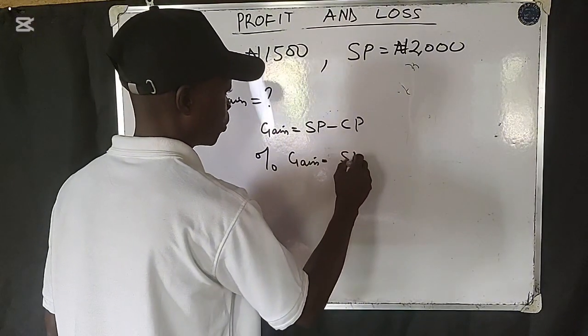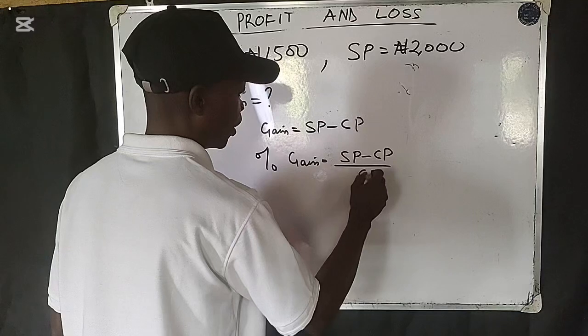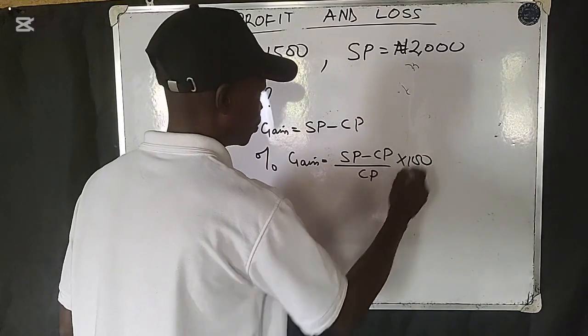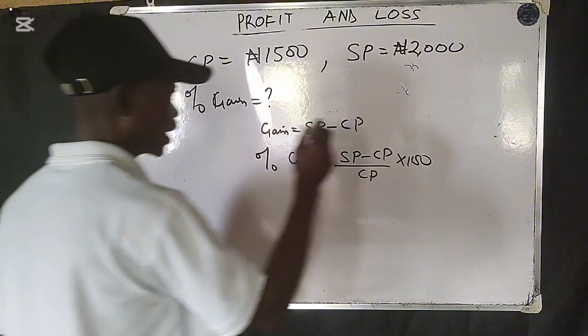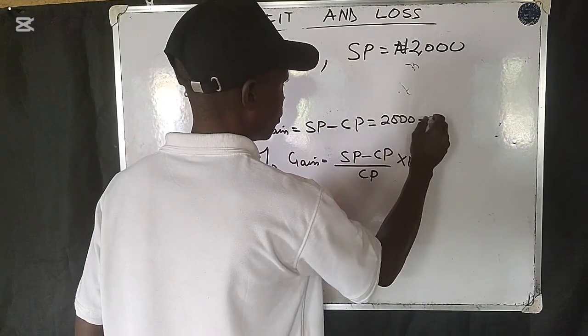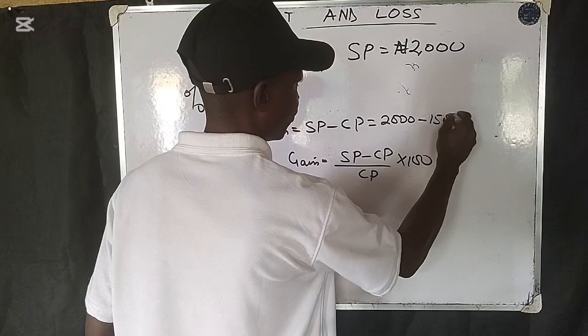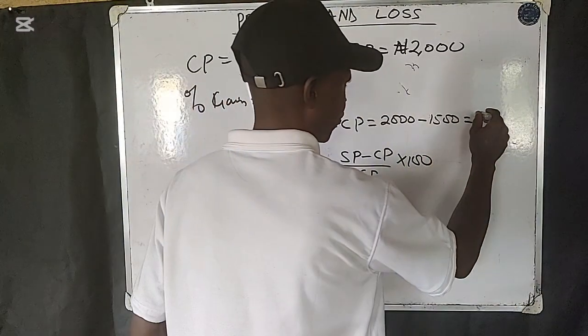Percentage gain will be SP minus CP over CP times 100. Is that not so? Using this formula, our gain will be 2,000 minus 1,500, and that gain will be 500.